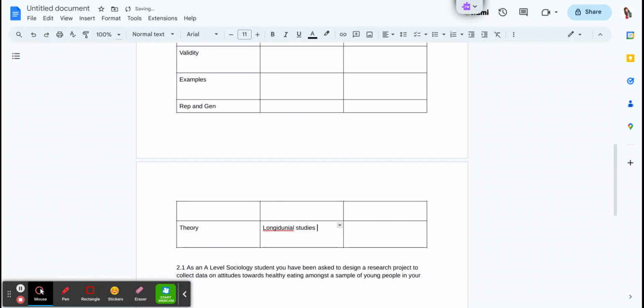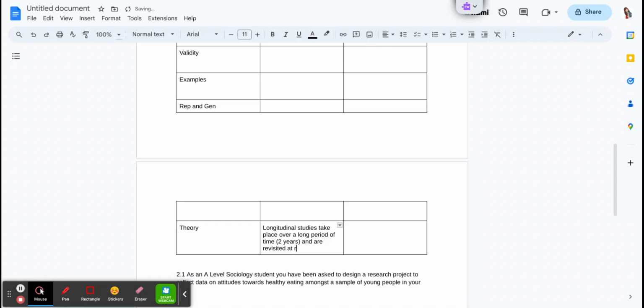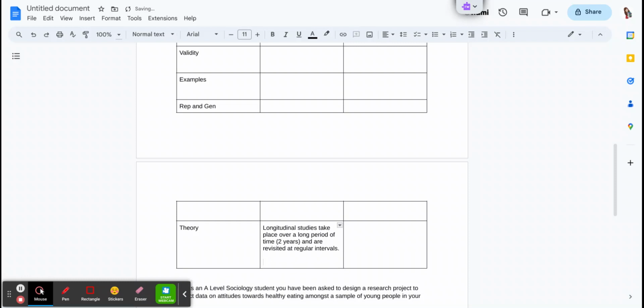Longitudinal studies take place over a long period of time and are revisited at regular intervals. That's the definition we want: carried out over a long period of time that revisited at regular intervals.